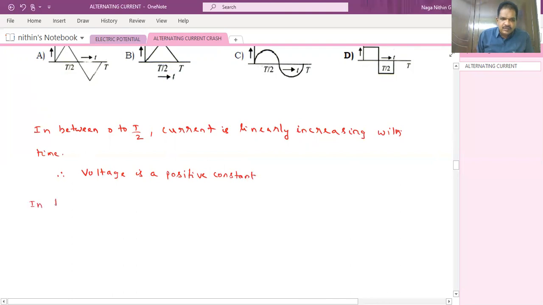Next, in between T by 2 to T, current is linearly decreasing with time.